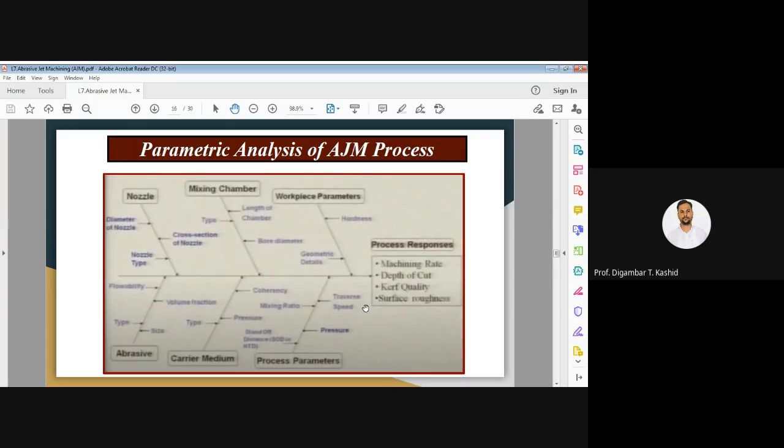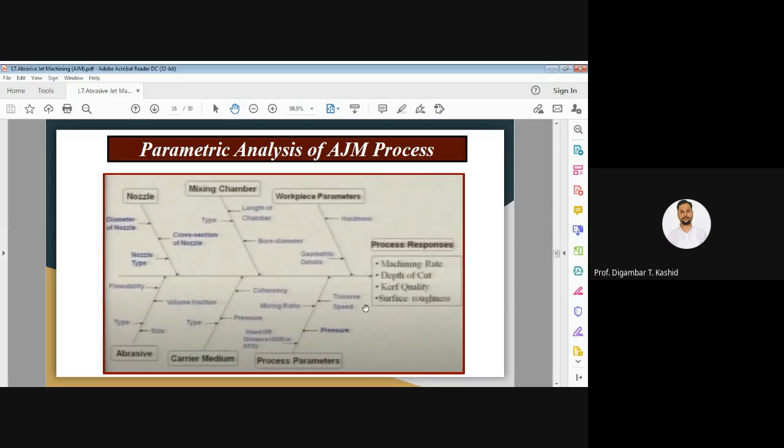Like that, we need to traverse or move the workpiece, so traverse speed is also a process parameter. Then we have the mixing ratio, stand-off distance and the pressure. Those process parameters also affect the performance.